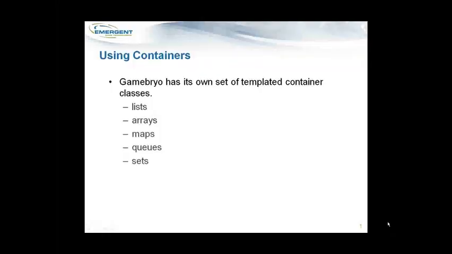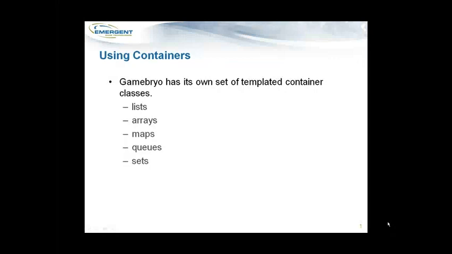Now is probably a good time to mention Gamebryo's container classes. Gamebryo does not use the standard template library. Over the years, we've had a number of customers with the rule of no STL in their programs, and we have had lots of problems in the past using STL on consoles. The portability just wasn't there.